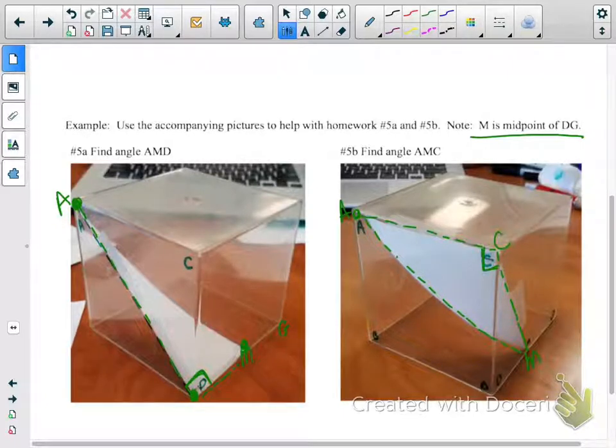I need at least one other side to be able to find an angle in this triangle. This one, I don't know how you could find that one without knowing this one. This one here, okay, notice, ooh, I've got a triangle right there. So I have to find some stuff that I don't need to find what I do need here. And then once I can get that side, then I can find my angle.